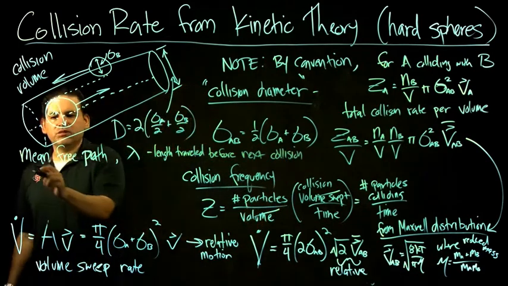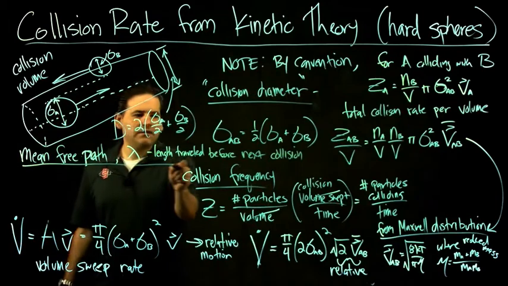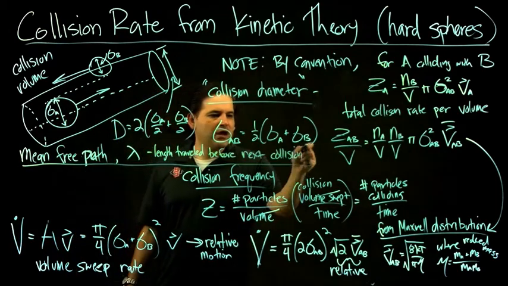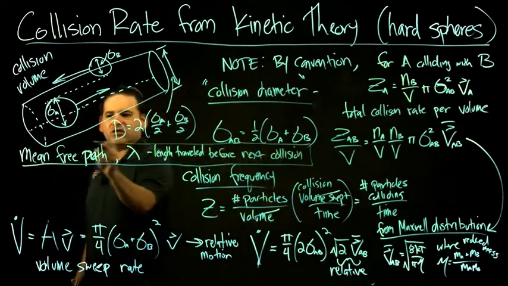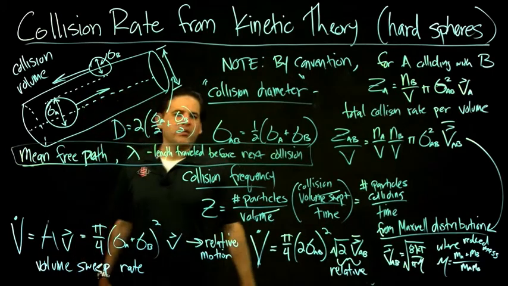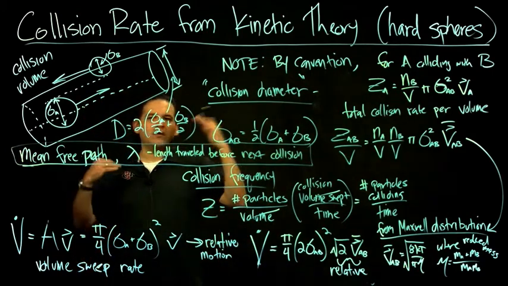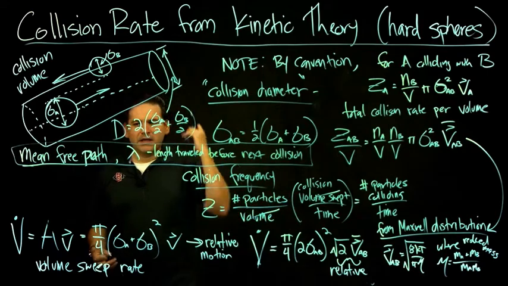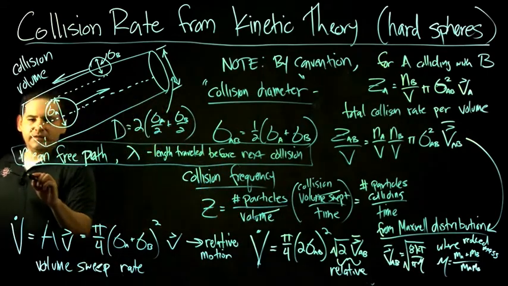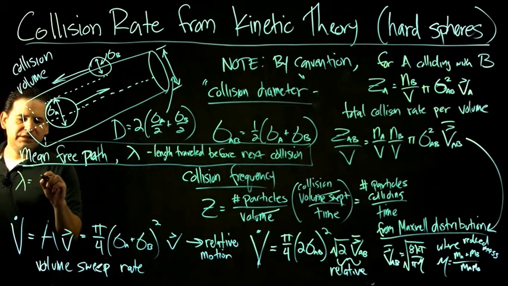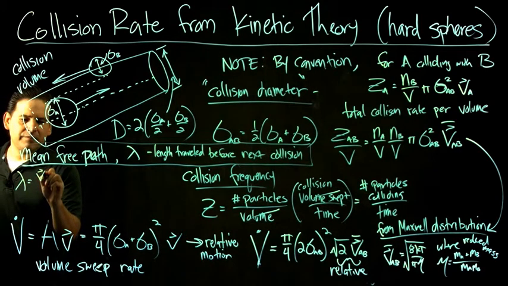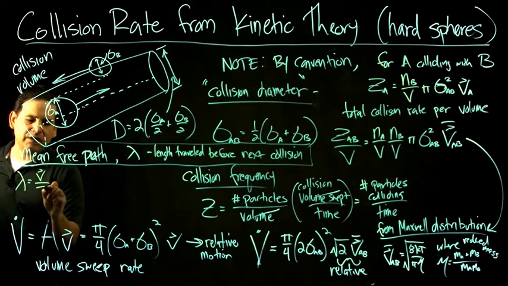So you can see it's related to the collision frequency, because the collision frequency will tell you how many collisions occur per time. Another way of thinking about that was, okay, how much distance is traveled before a collision? And the way that it's related is it's saying that the distance traveled depends on your velocity and your collision rate.